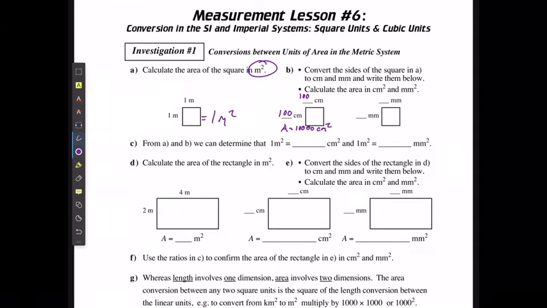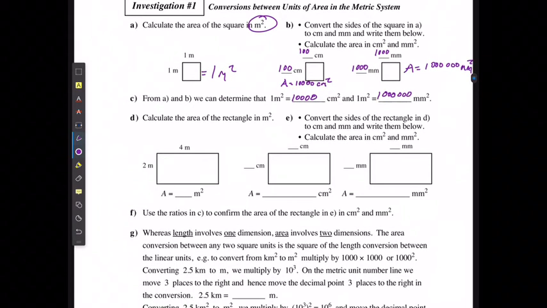If I'm going to millimeters, then I'm going to have 1,000 by 1,000, which means that this is going to give me an area of 1 million millimeters squared. So we know that 1 meter squared is the same as 10,000 centimeters squared, or 1 million millimeters squared.